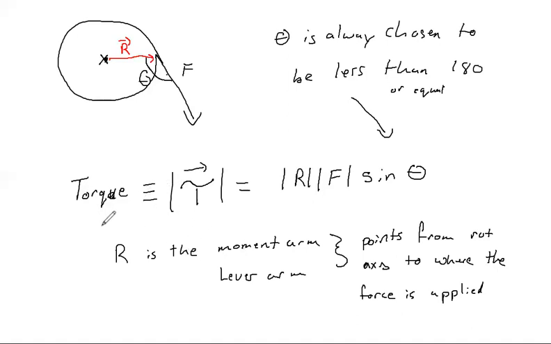So just some observations here. We have these two vectors. So we have R, and we have some force F. And then we have this formula, RF sine theta, for when I write it out in terms of magnitudes.